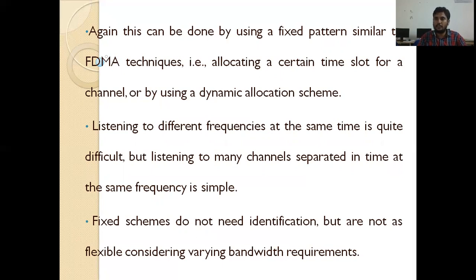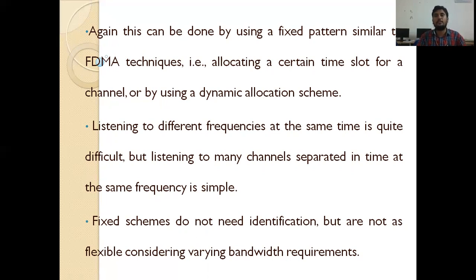If you move to another frequency range, you will get another subject. So from 10 to 11, the bandwidth of 100 is used by a total of 6 subjects, each consisting of 15 point something. But it is a difficult task. At the same time, listening to many channels separated in time at the same frequency, there is a possibility of listening to only one subject at a time.